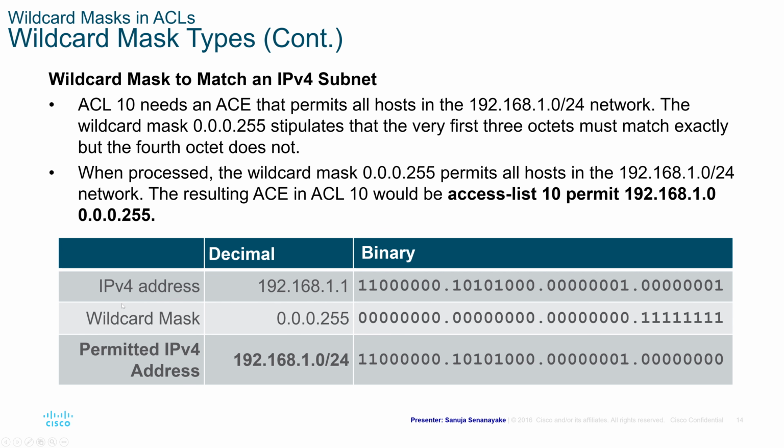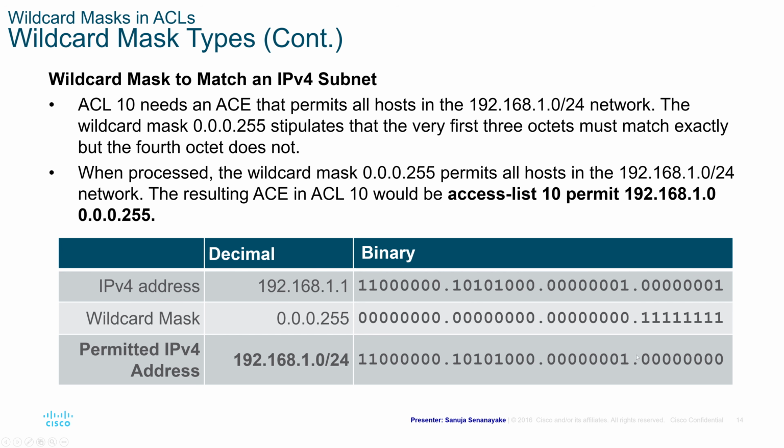So basically the IP address is going to be 192.168.1.1, so the binary looks like that, and the wildcard mask is going to be 0.0.0.255. And remember, we are working with opposites. That's what this table is actually showing here. With the permitted addresses being 192.168.1.0/24, all the addresses will be permitted. So that's what you need to understand about how the wildcard mask to match an IPv4 subnet works.